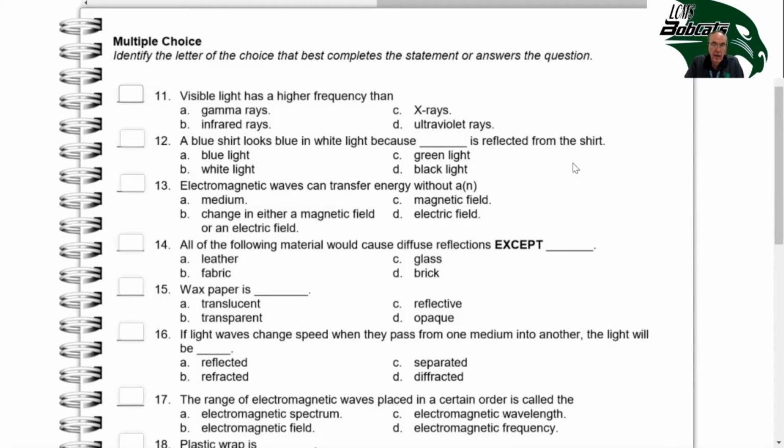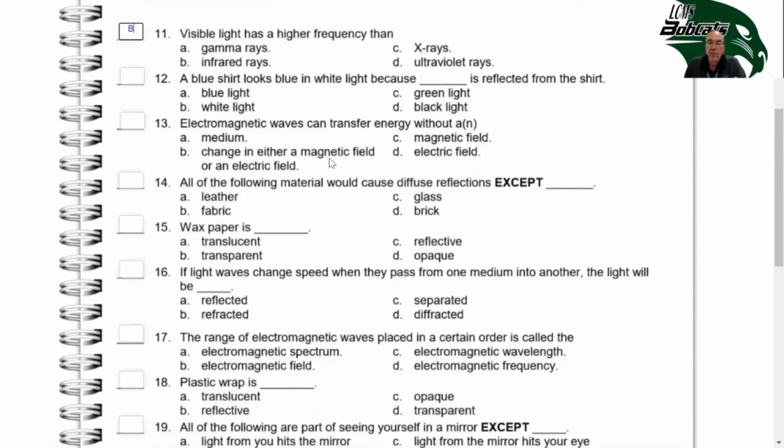So the lowest frequency light is red, and the highest frequency is ultraviolet. And it says visible light has a higher frequency than. So that means it's just above. Well, infrared is just below visible light, so visible light would have a frequency higher than infrared.